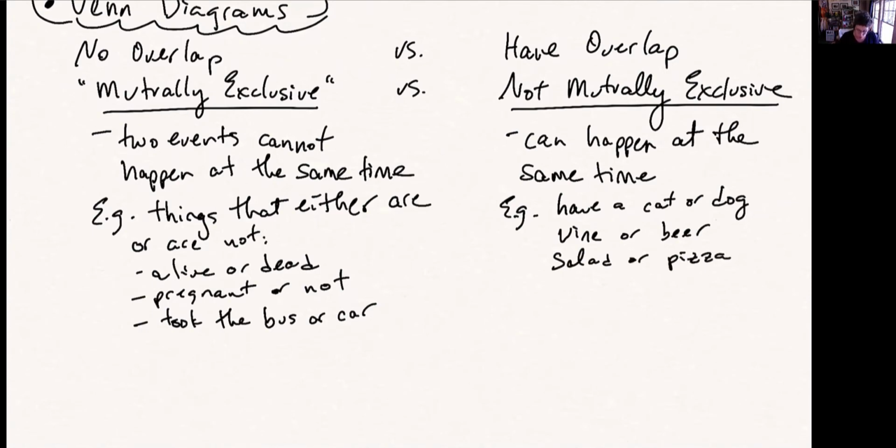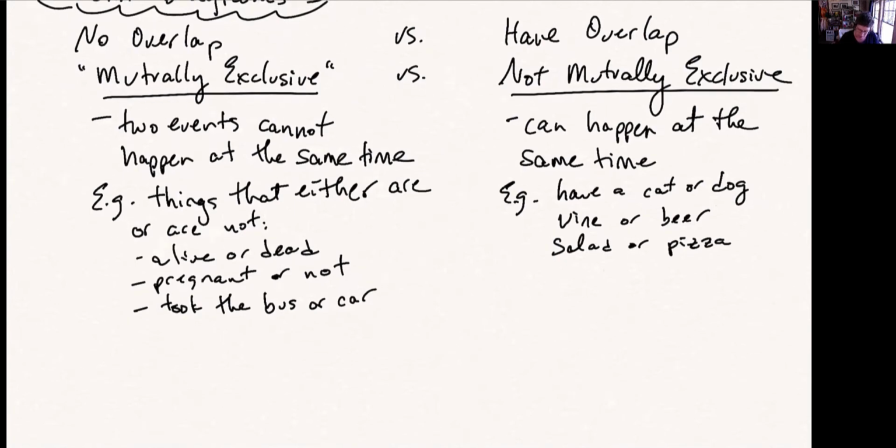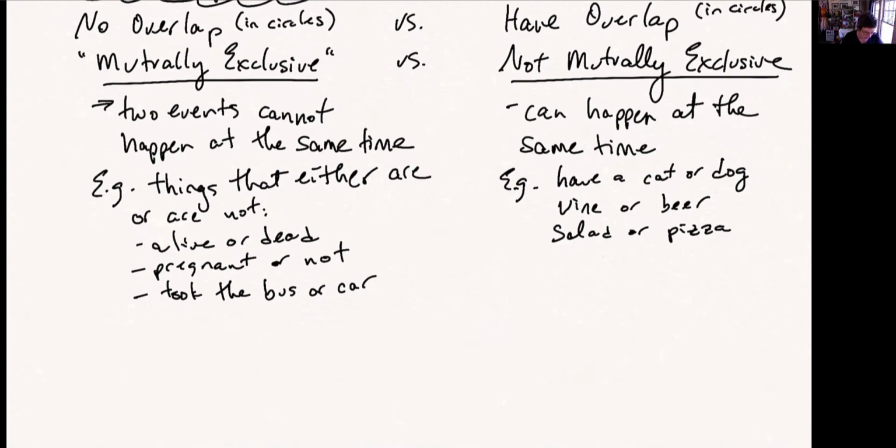What those look like in a Venn diagram is that things with no overlap have circles that don't overlap, and these have overlap of the circles in the Venn diagrams.